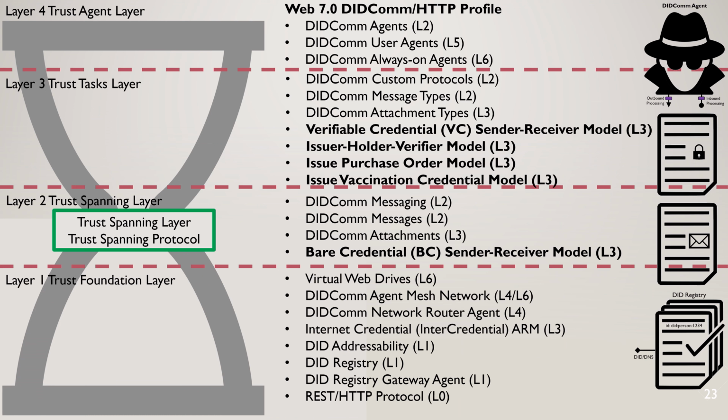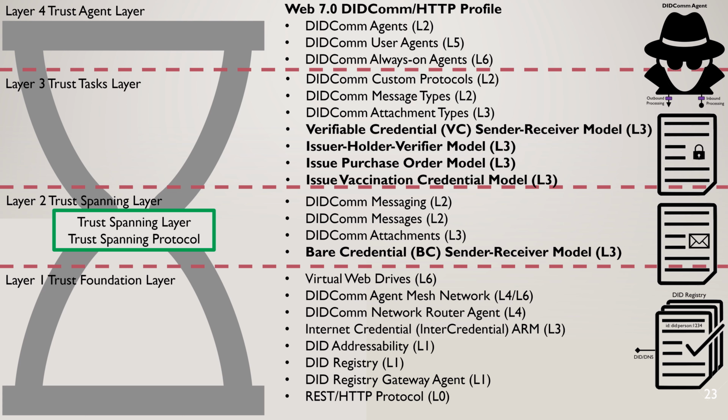So again, we come back to the Web 7.0 trust spanning layer framework, and we can see that the issuer holder verifier model, the issue purchase order model, and the issue vaccination credential model are all in layer 3. They are all examples of trust tasks.